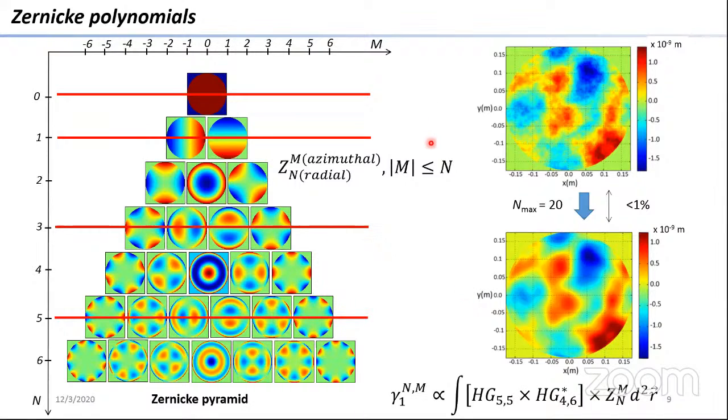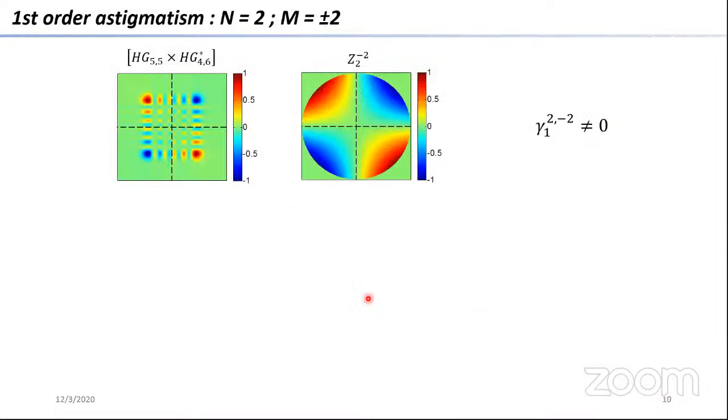If we take symmetry consideration, we'll see that for n equal to 0, this integral is equal to 0. And this is also the case when n is odd. This simplifies a lot. Let's see, for example, now the first order astigmatism, n equal 2 and m equal plus or minus 2.